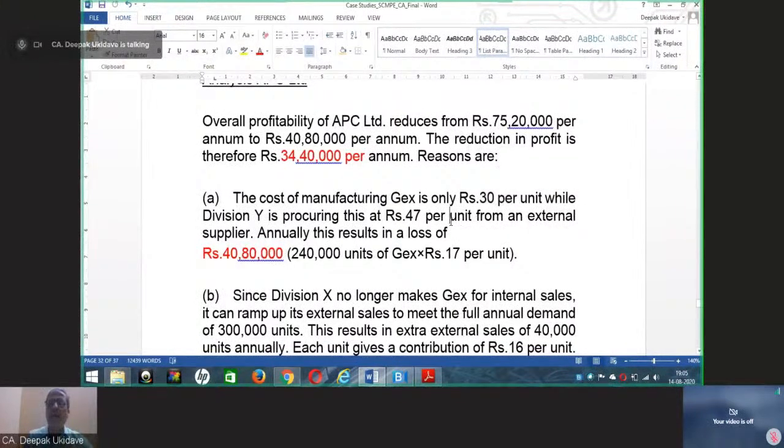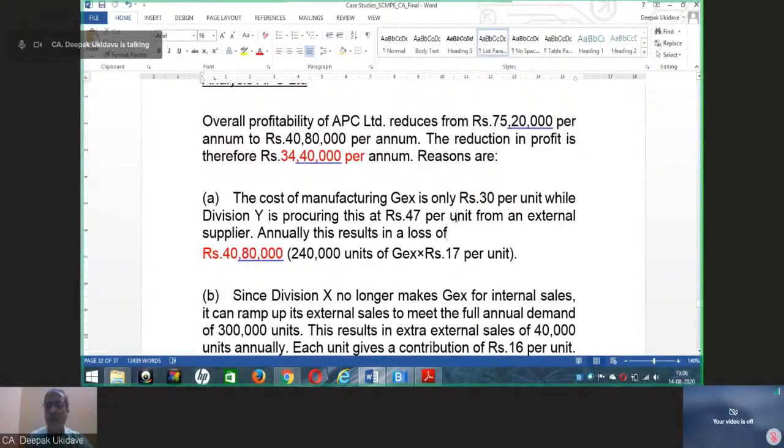In marginal costing, I told you, you always do cost benefit analysis, make versus buy. If the relevant cost of making the component is 30 rupees, and the cost of buying is 47 rupees, obviously nobody would like to buy from the market. Everyone would like to make internally. So the internal relevant cost of manufacturing is just 30 rupees and Y is procuring at 47 rupees.